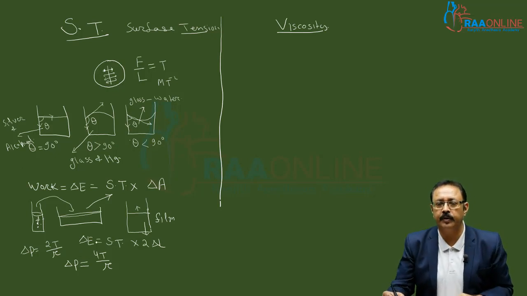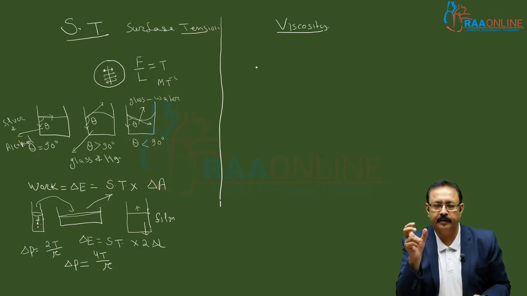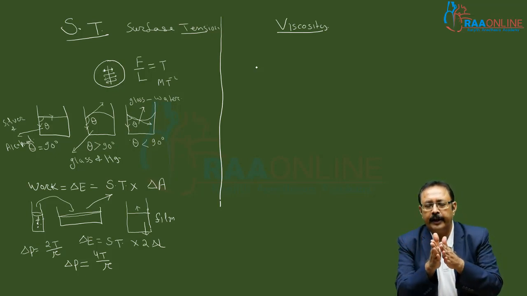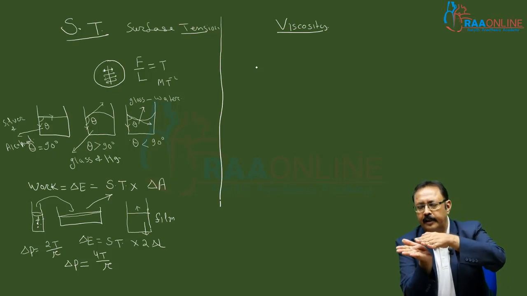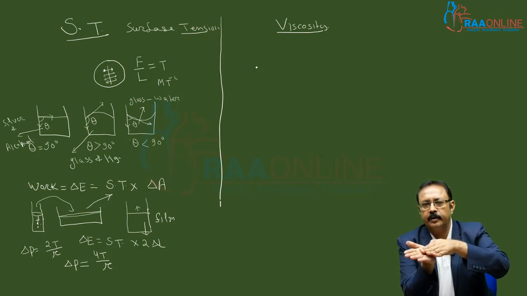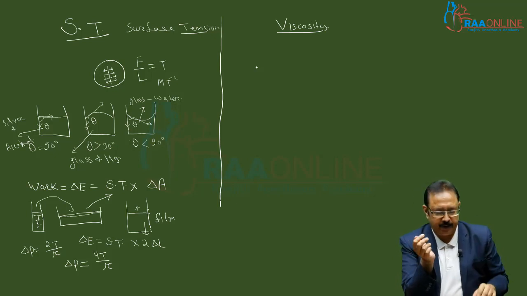Now we are going to discuss viscosity. What is viscosity? Again, due to intermolecular attraction, there is a resistance between the flow of liquid layers. If one layer is going away from another layer, it will oppose due to that intermolecular attraction.